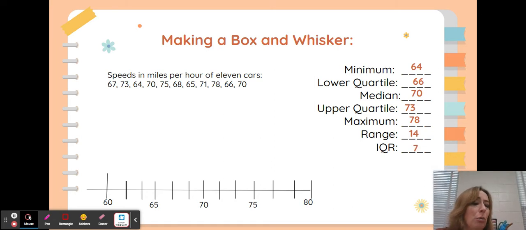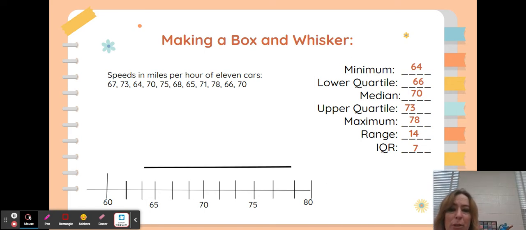We had an IQR, or the interquartile range, of 7. Okay, good job. So first off, we need to add a line from the minimum, so here's 64, to the maximum, which is 78, and put a point at each of those. So the dots show us our minimum and our maximum.